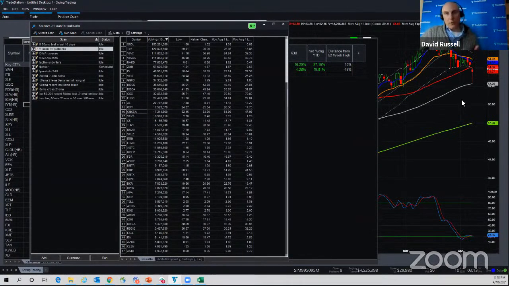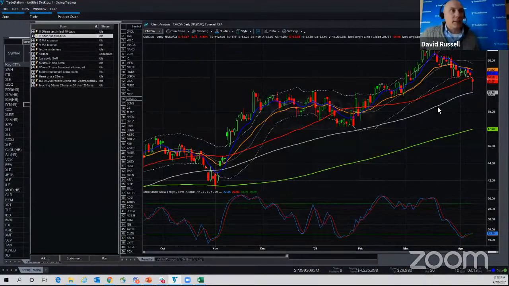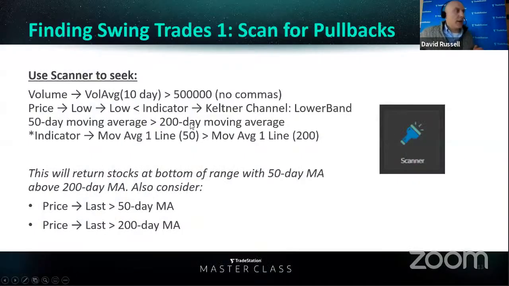This is in some ways the most crude, because something can be down a ton and it will still show up, but you still will find things in here. Like, for example, a name like Comcast here. This is one from my perspective, maybe not a swing trade, but an income trade. There's a lot of ways you can look at a stock like this and think about a put selling strategy, which I don't do, but you can also find potential opportunities. So this is what the results gave us.